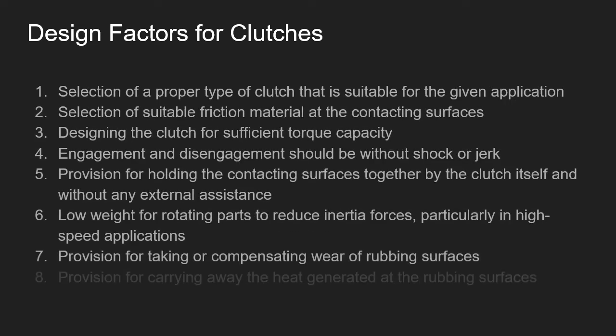I would want you to go through it in detail. You can see that you need to take factors such as application into account. The friction material is again an important decision to be taken, and one of the most prominent factors involved in the design is the torque transmission capacity.